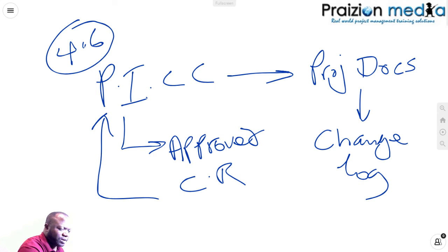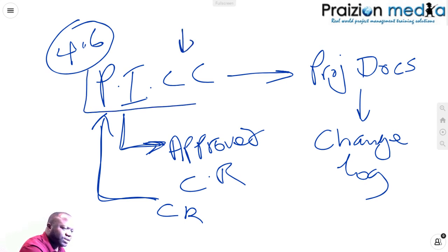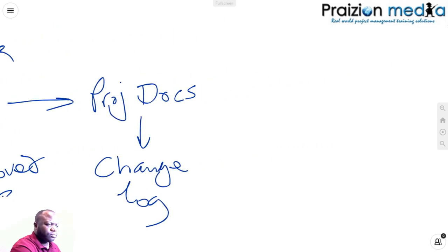You've got going into PICC change requests. So that's going in, and approved change request is coming out. And going into PICC, you also have work performance reports. So that hasn't changed. That has pretty much stayed the same. All right.